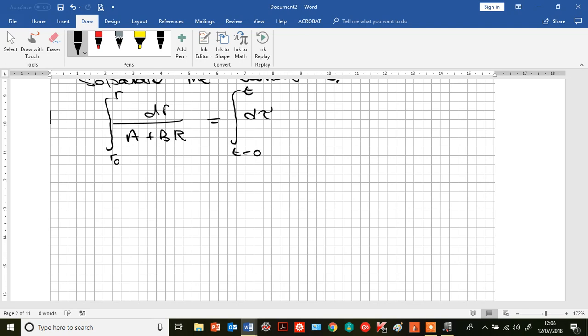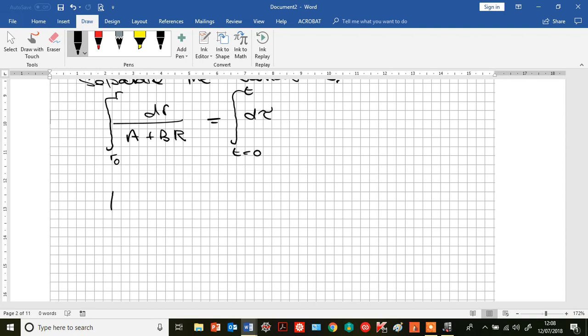Right, so assuming that these limits are correct, which for purposes of this question they are, the meteorite starts out with a radius r0 at t equals 0, and at some future time t, it grows to a size with radius r. So now we can solve this integral.